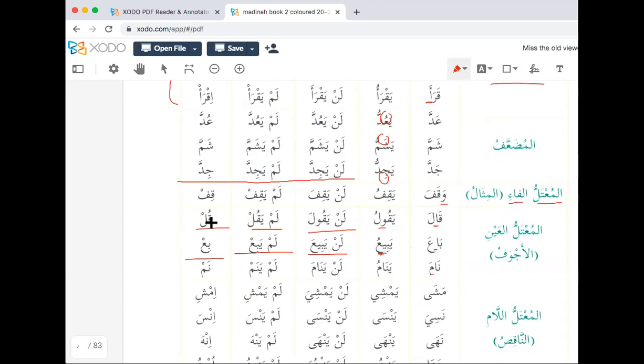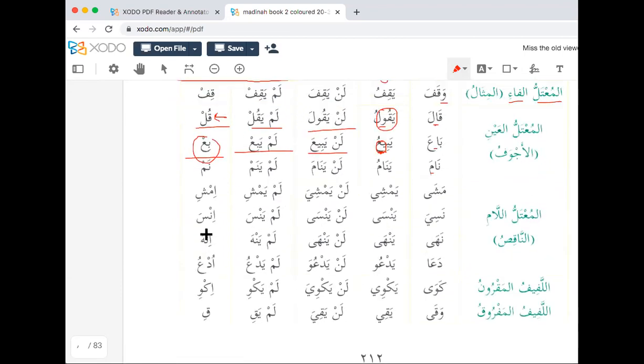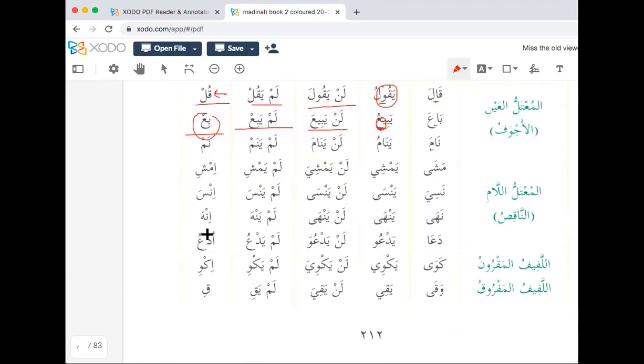Whereas here, it originally was a waw. In the amr, it said kul. And here, the middle letter was a ya originally. And here it came with a kasra, bi', sell. I'm tempted to go through this with you all, but I'm hoping that you guys will have enough tools now to be able to go through it by yourselves.